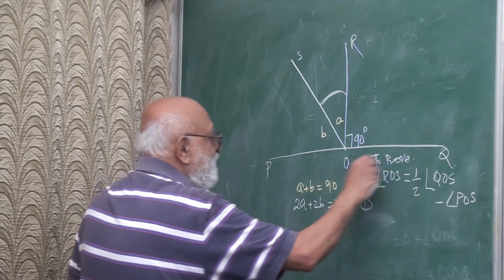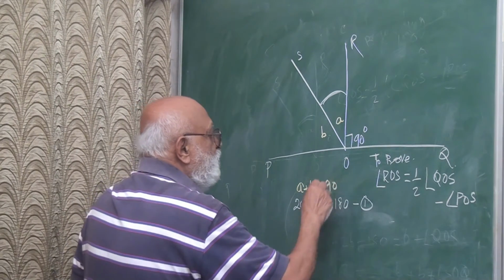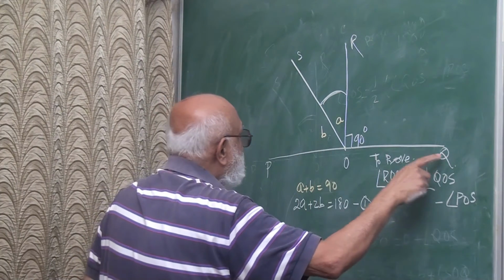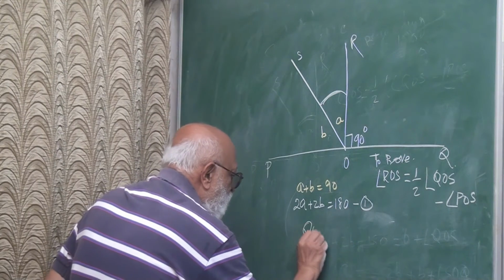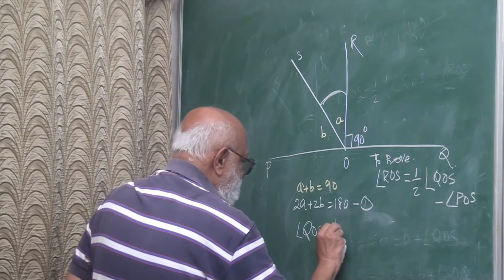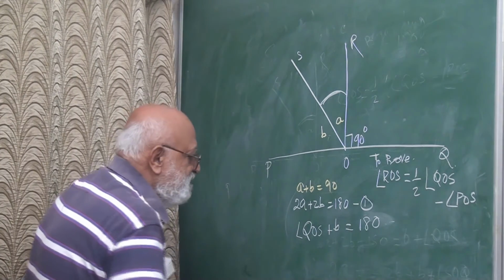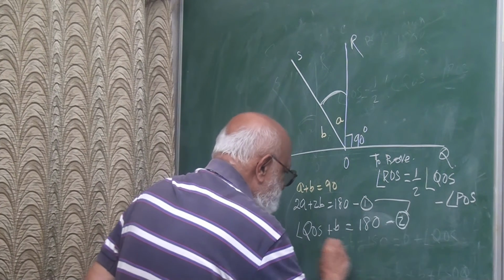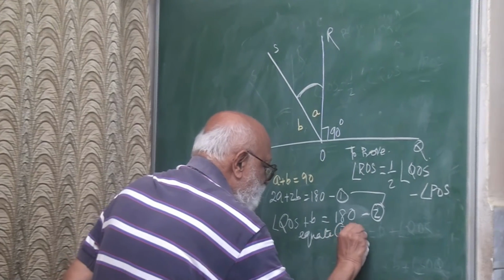Then I find that I can put another one which will be equal to SOQ or QOS, that will be QOS angle plus angle B is equal to 180, right? Say this is relationship 2. So now equate 1 and 2.